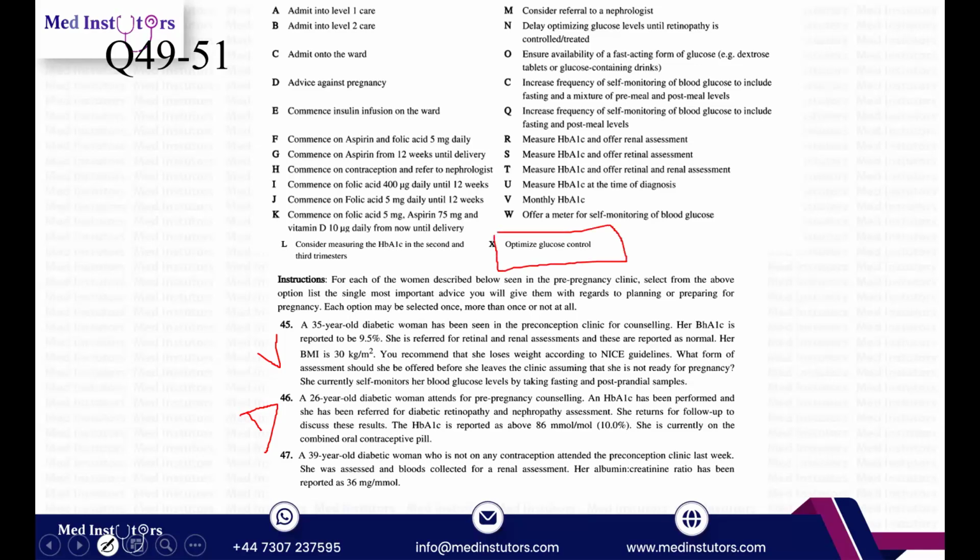We would have to refer her to an endocrinologist for that. So the best answer would be to refer to an endocrinologist, which is again not in the options. So here the best answer would be advice against pregnancy. Best would be refer to endocrinologist, but it's not in the options. So again, advice against pregnancy. I understood your point that she's already on OC pills.